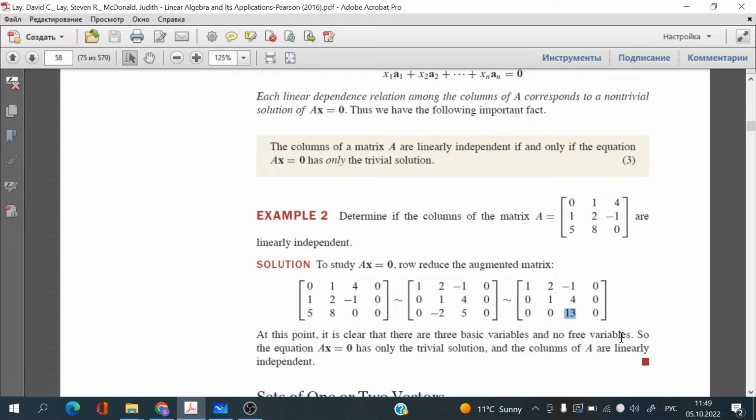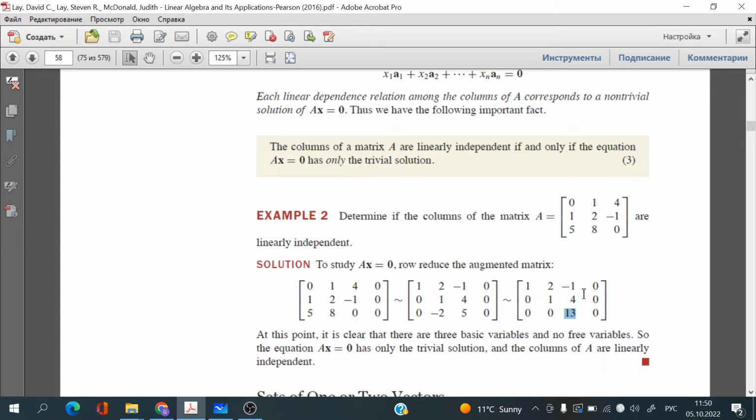In this case, just divide everything by 13, and you're going to get 1 and 0, correct? So the equation A times x equals 0 has only the trivial solution, and the columns of A are linearly independent.